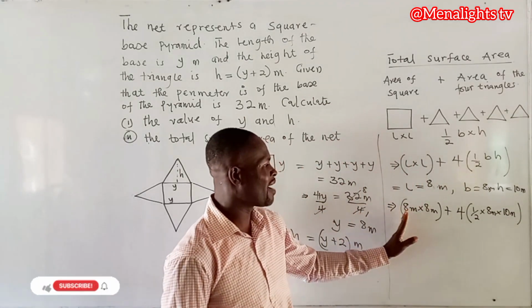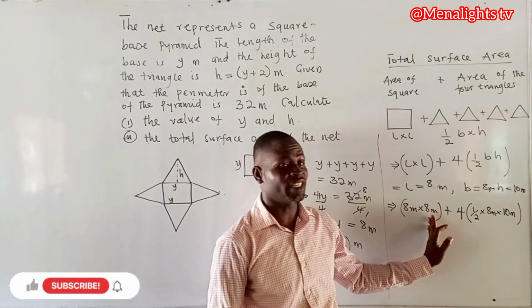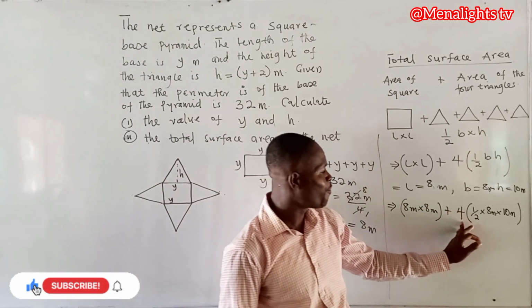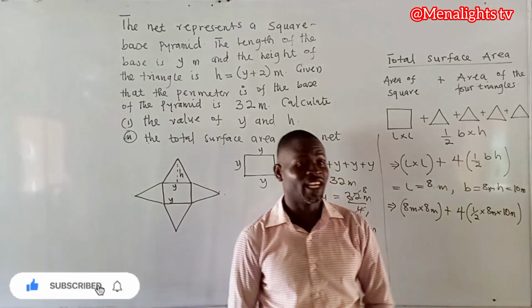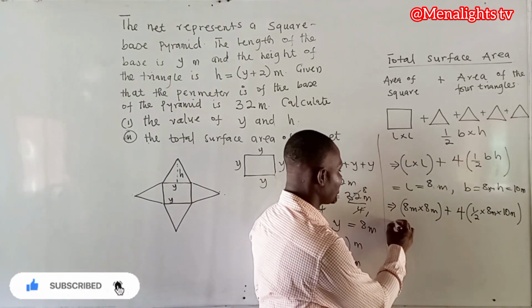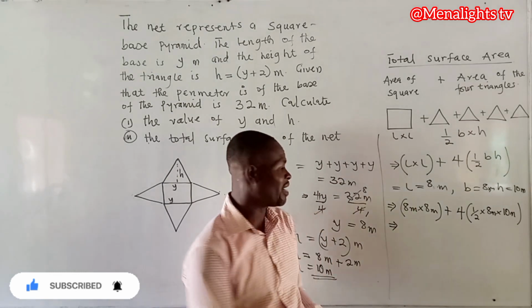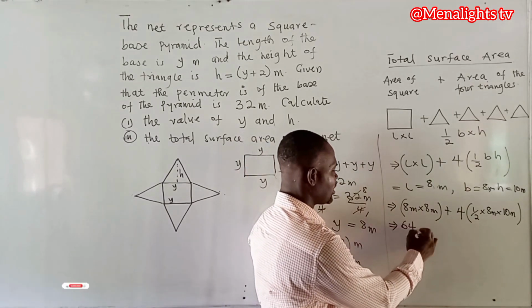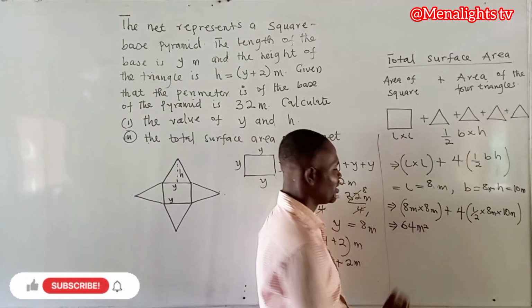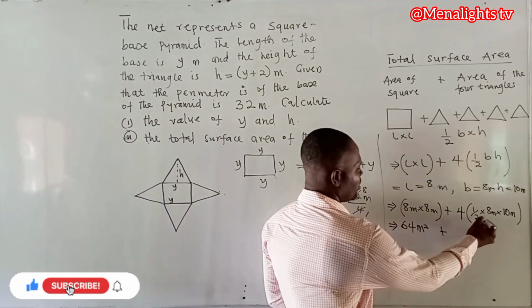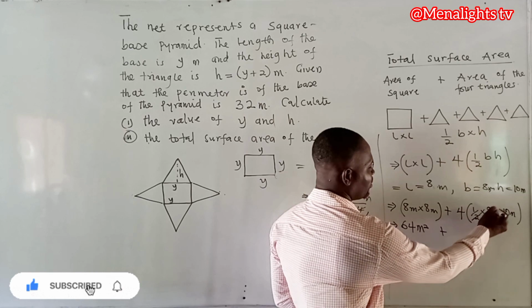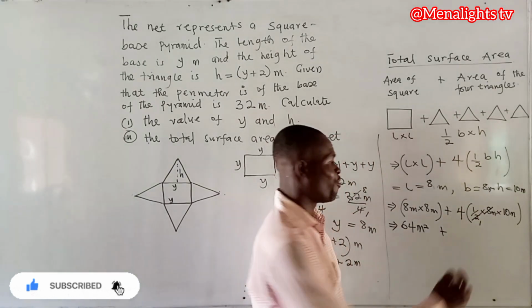For the square we have 8 meters times 8 meters, plus 4 into bracket, half of 8 meters times 10 meters. The 8 times 8 will give us 64 meters squared. That is the area of the square. Plus, here, the 2 goes into 8 4 times.